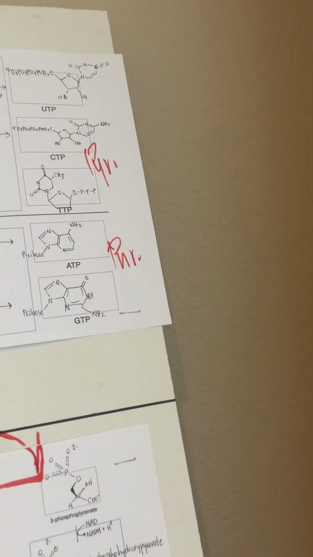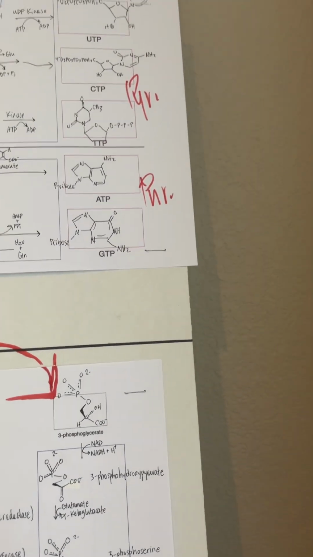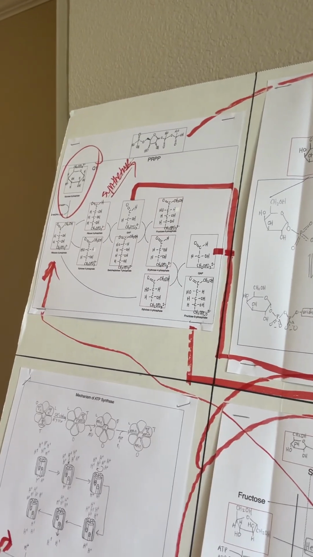Okay, and so we can create our nucleotides here, our UTP, CTP, and TTP, or our purines here through the use of our carbon dioxide or the PRPP that's formulated through this pentose pathway over here.